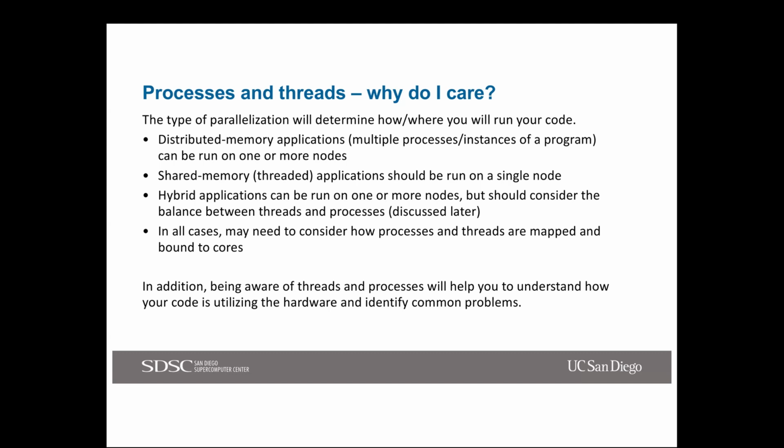Whereas if you have a shared memory, threaded application that you want to run, asking the scheduler that runs these HPC systems for 2 nodes doesn't make any sense, right? Just asking the scheduler to provide you 2 compute nodes when your application can only use a single node is a mistake, right?